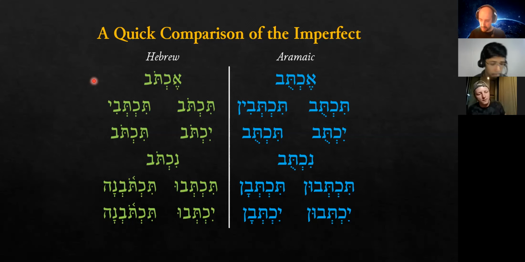Yiten, yinten. We see that on number 4, page 94, where instead of yipol, we have yipel with an E thematic vowel. And the plural is tipelun, you will fall, which is like Hebrew tipelu. And he will give yinten, and you will give tinten, and they will give tintenun, yintenun.